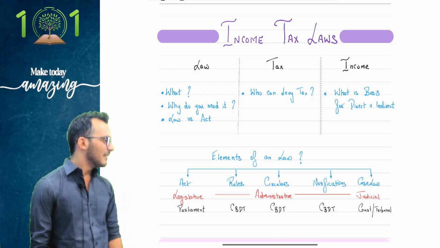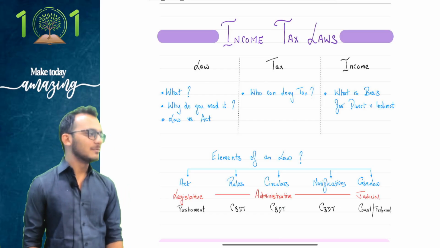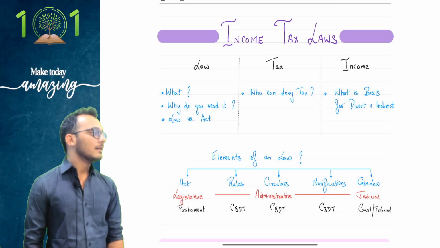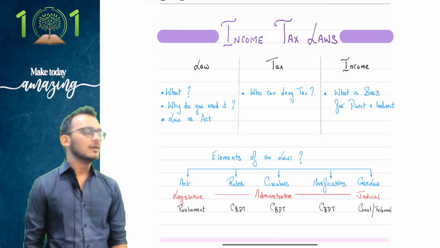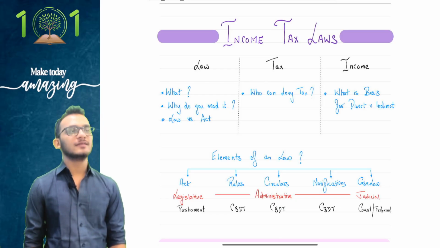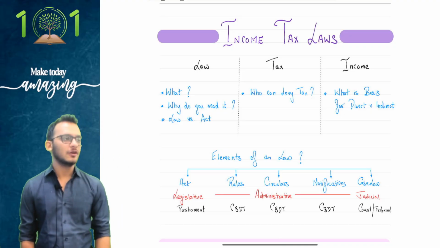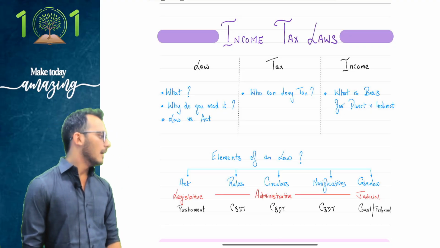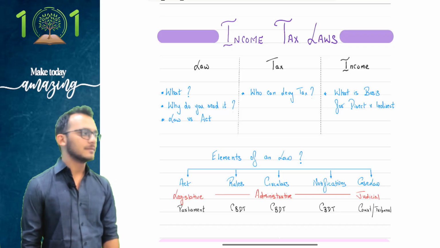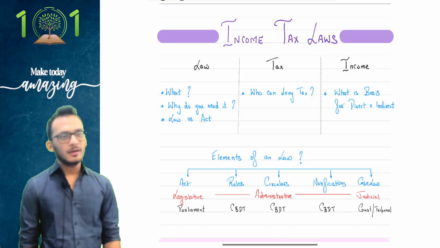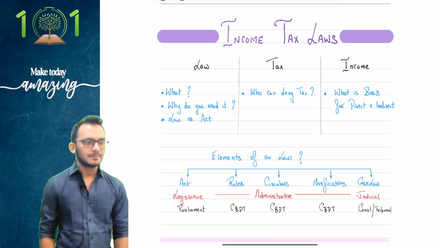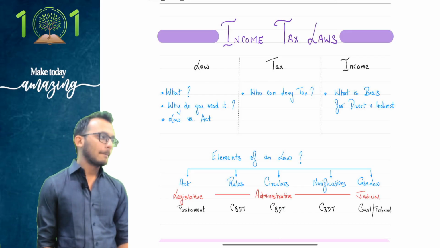Under that, when you create a law, people, you need multiple things with you. You need an act, rules, circulars, notifications. Very good. So under the formation of a law, you are going to write the middle word law and then break it into 5 subdivisions. Subdivision number 1 is called act.